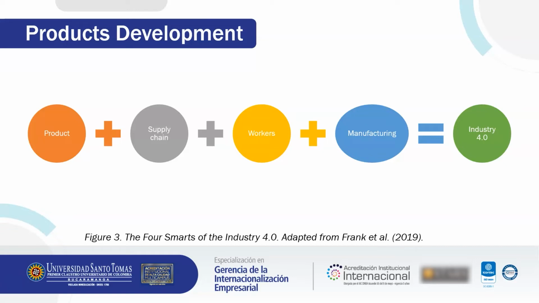This includes technological support for all links in the chain through communication platforms between the company and suppliers, customers, and other sections of the company, allowing the exchange of information in real time on production orders with suppliers and distributors. Smart workers refers to the technological support to the workers and operators' functions. Smart manufacturing. It is considered as one of the Industry 4.0 pillars, which apply the use of technology in the manufacturing process, focused on efficiency and competitiveness.